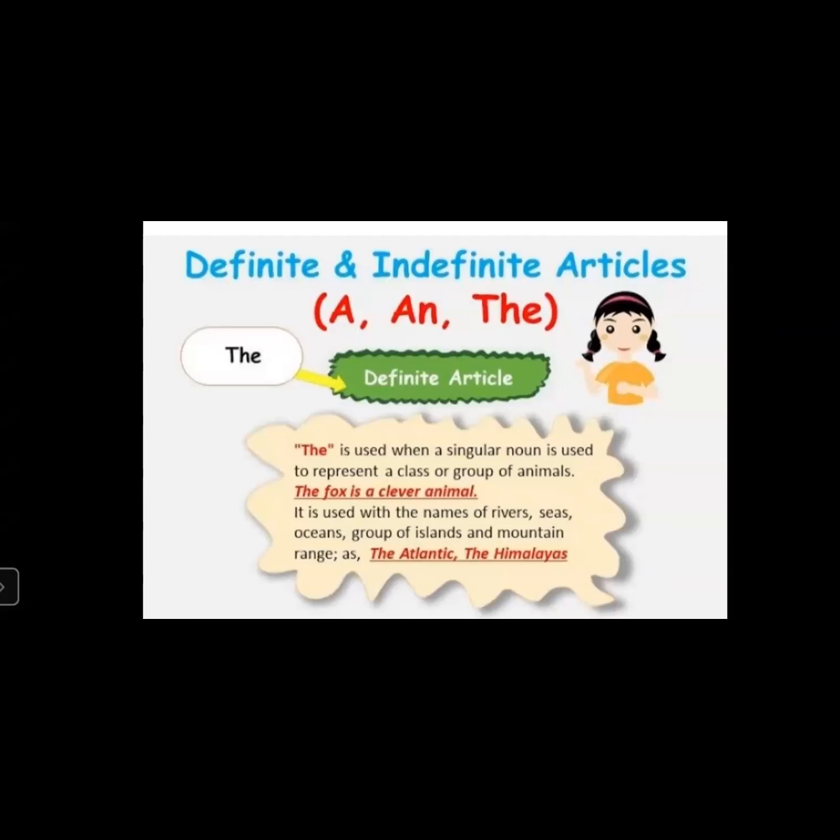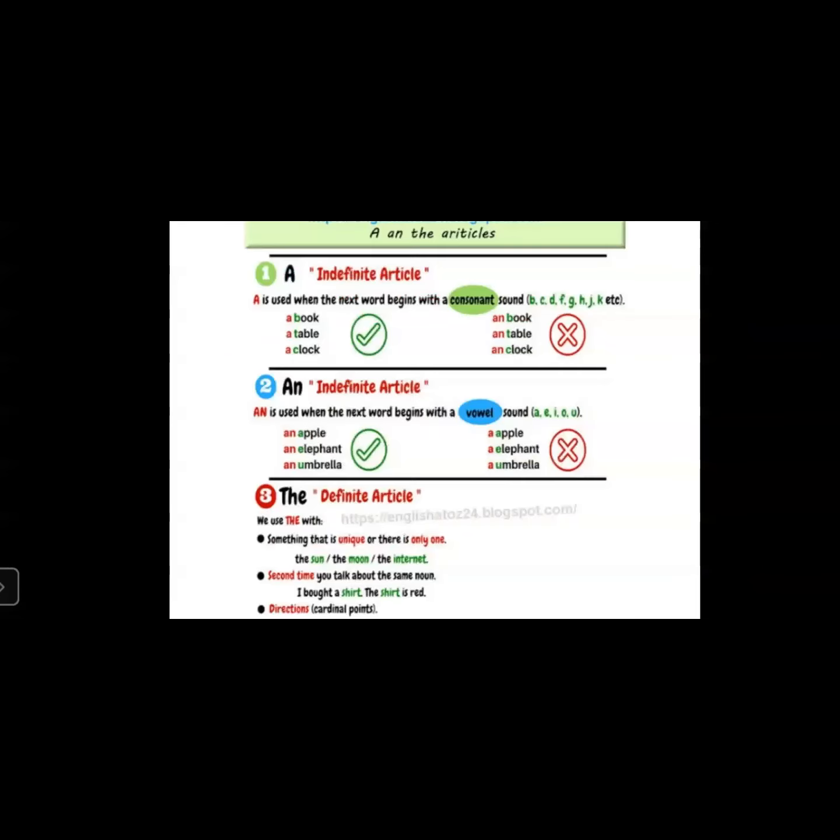So we use the when a singular noun is used to represent a class, and with the names of rivers, seas, oceans, and groups of islands or mountain ranges.